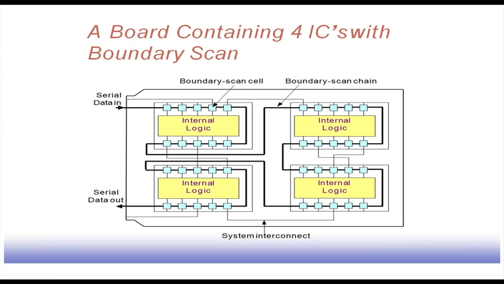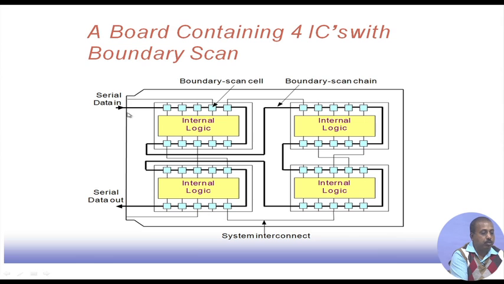This shows a board structure that has 4 ICs, and each IC is equipped with this boundary scan feature. All these inputs are connected over a scan chain like this, a scan chain of these boundary scan cells. The output from this goes to the next chip's boundary scan input, and again that way it goes.